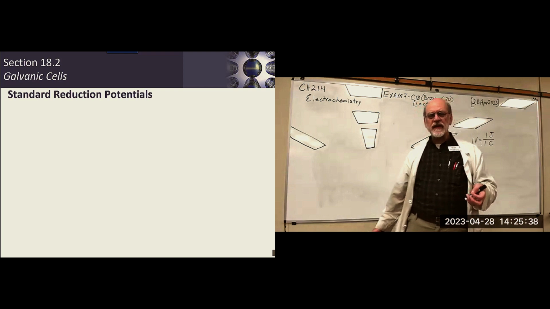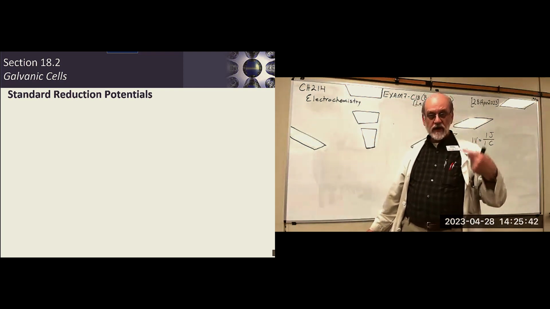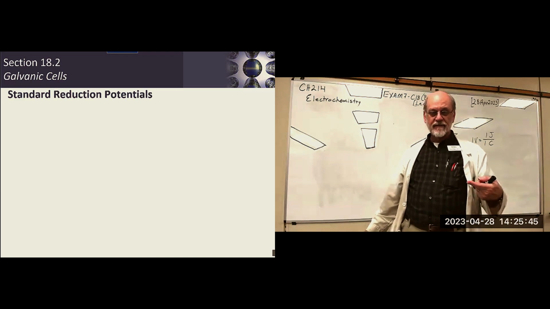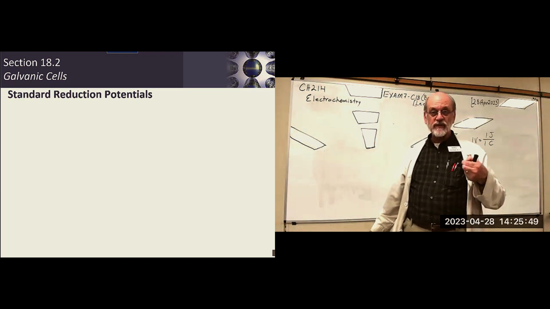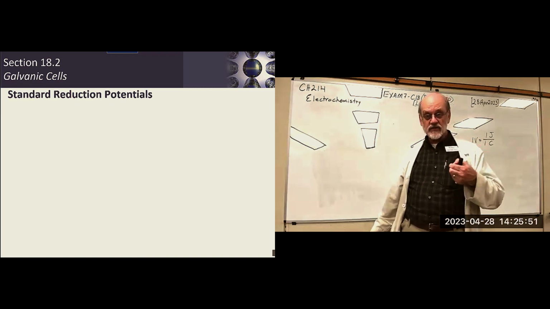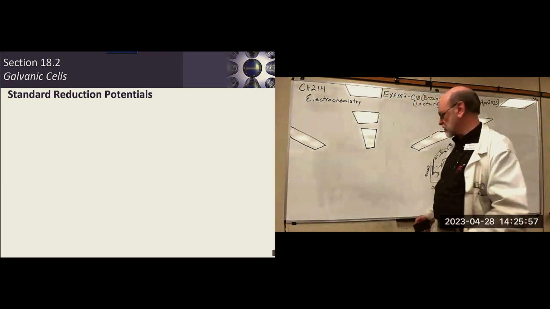Well, you can do a similar thing with galvanic cells by using standard reduction potentials. And you can assess the maximum voltage that should be available from any galvanic cell that you want to build, and of course, expecting that it'll be less than that because of other factors.